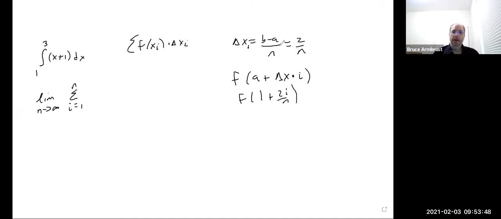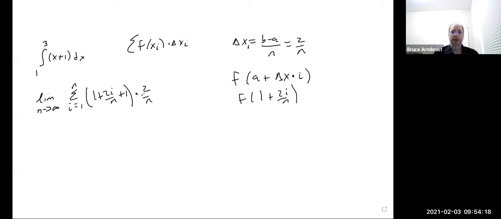Okay, so this is where you have to start. Get your delta x, use that to figure out what we're plugging into the function, and now let's plug it into our function. So we're going to get 1 plus 2i over n plus 1 times 2 over n. So that 1 plus 2i over n was my x.